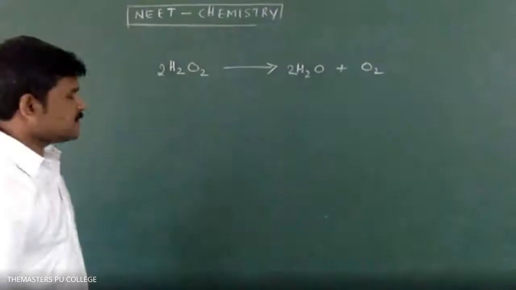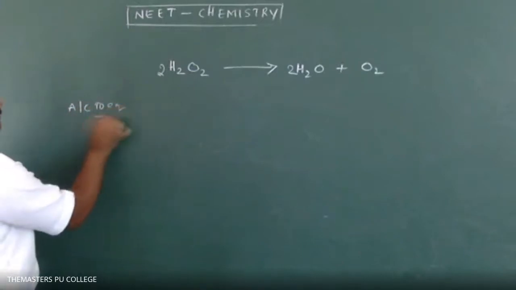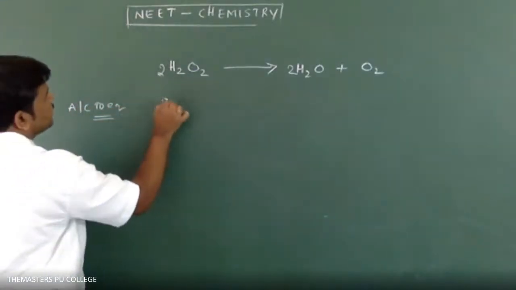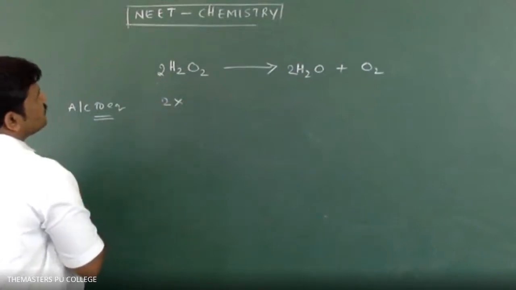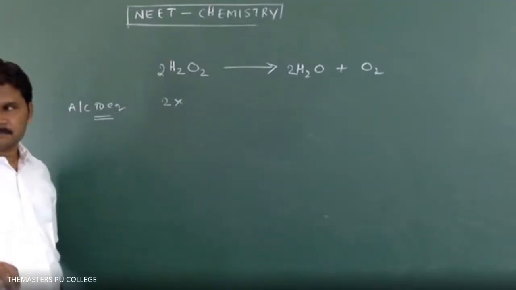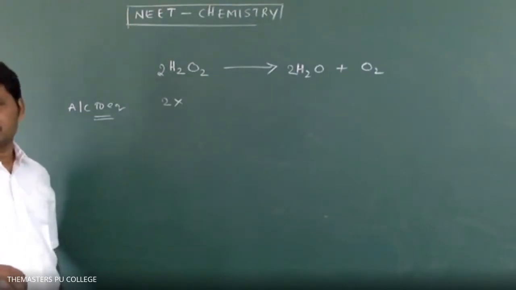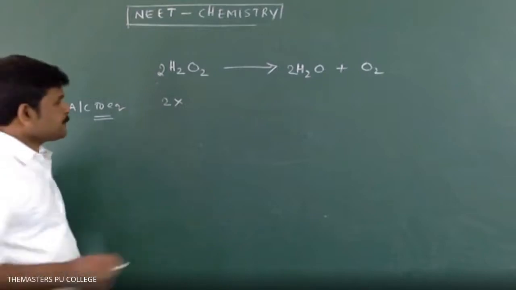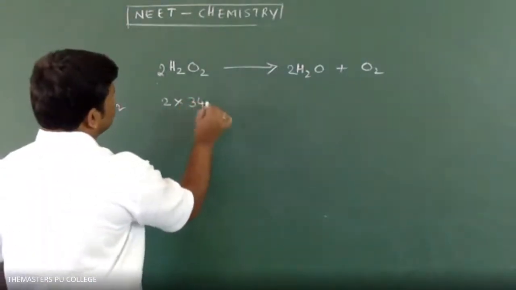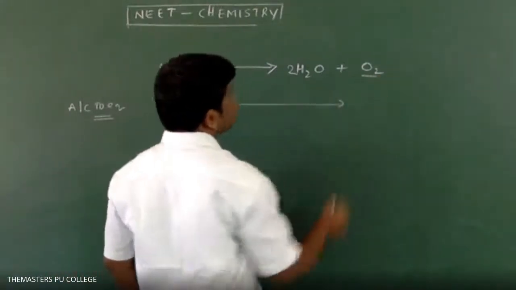According to the equation, the mass is 2 into 34, since the molecular weight of H2O2 is 34. H2O is 18 plus 16. 2 into 34 grams gives how much oxygen at HTP?